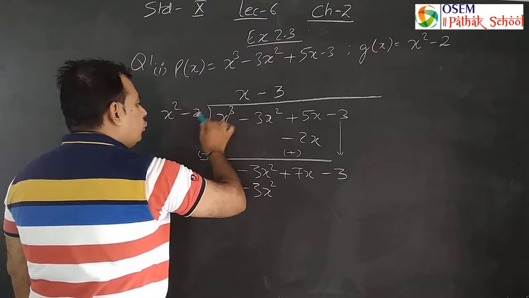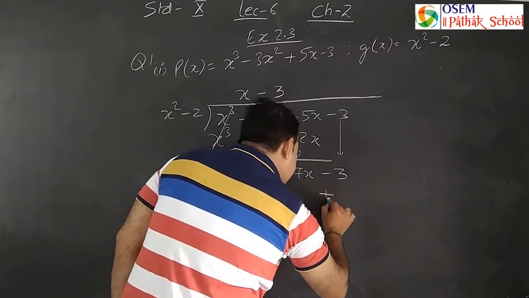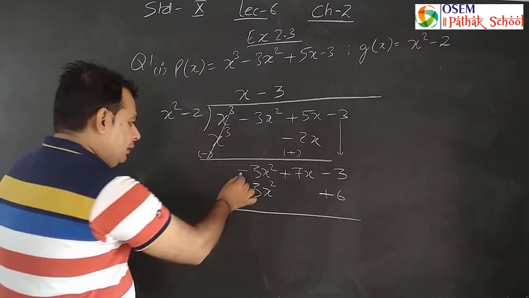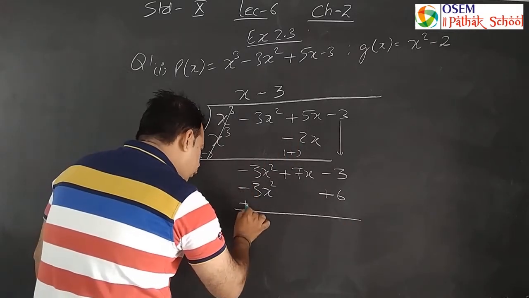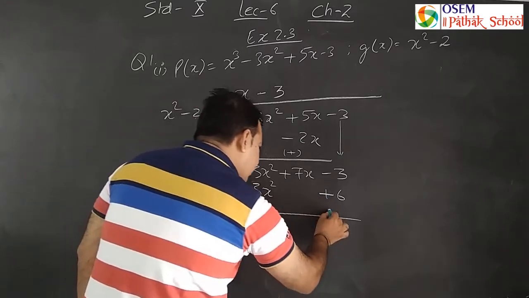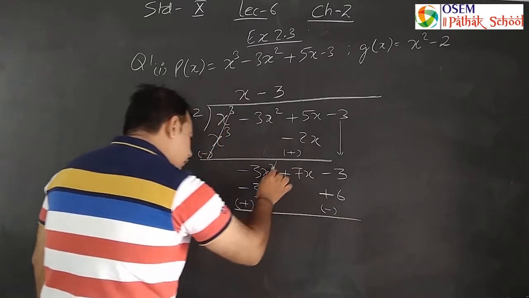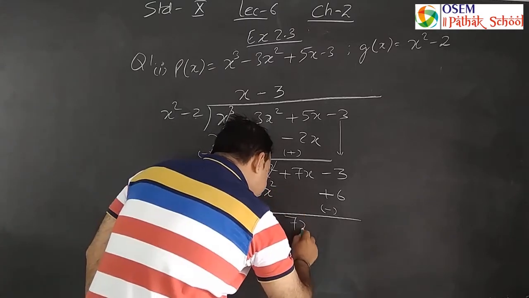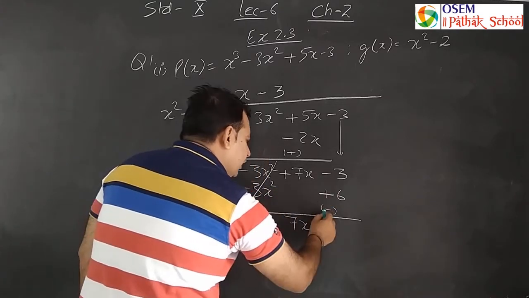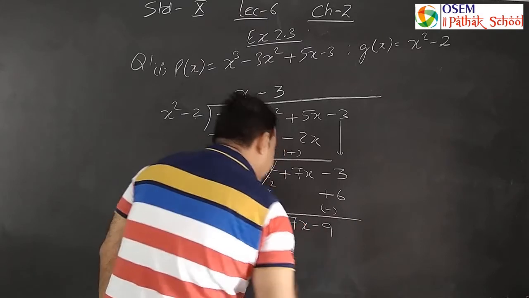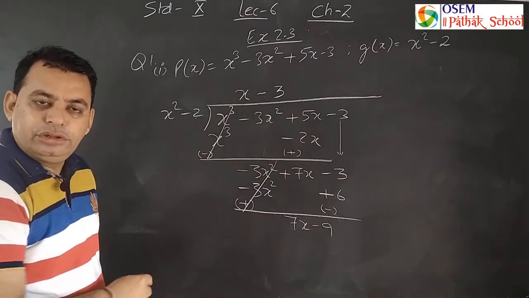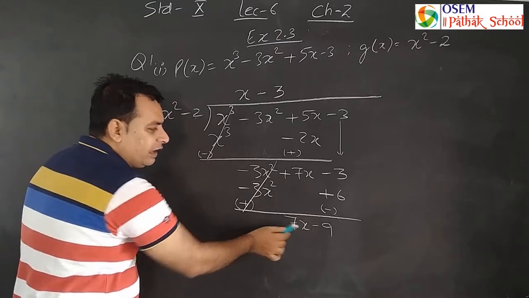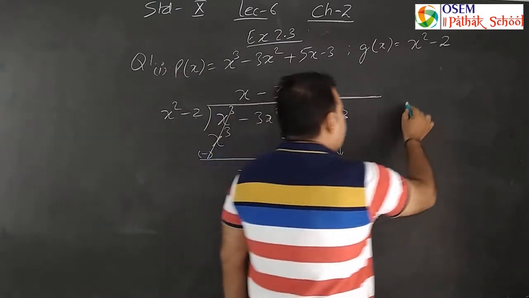Plus and minus cancel, so what will be 7x minus 3 and minus 6, minus 9. Now this will not go further, because here you have x square and here x. So you got q of x.